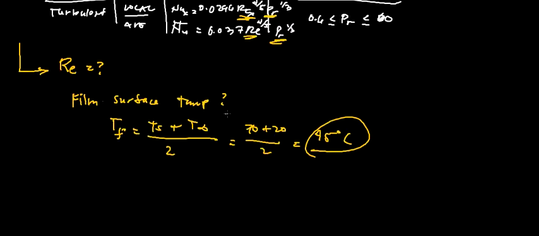So if we know this film temperature, we can now know the properties of our fluid, our air, and we will be needing some readily available information based on the properties of the air.